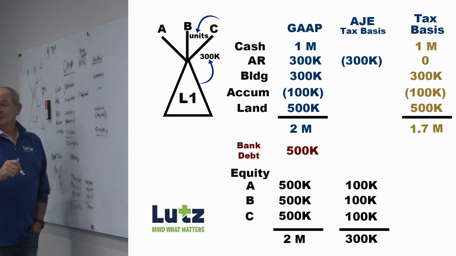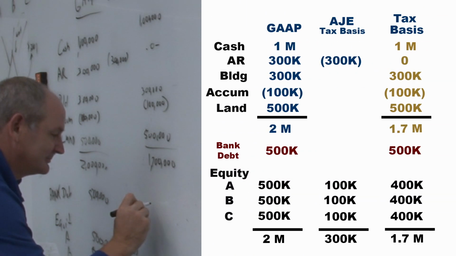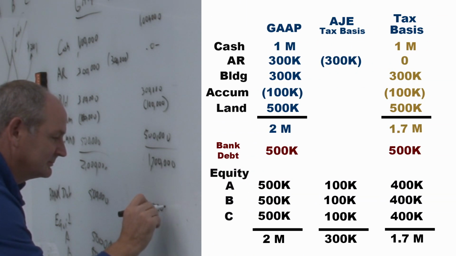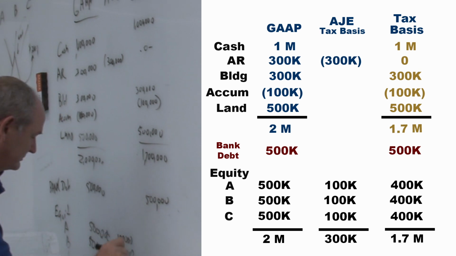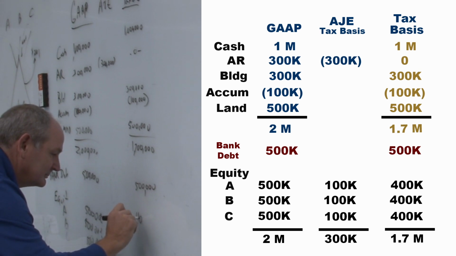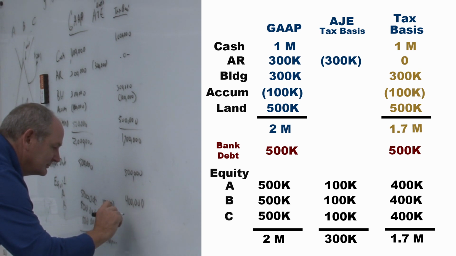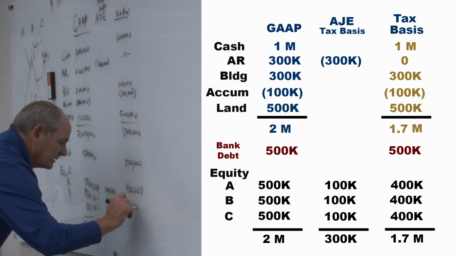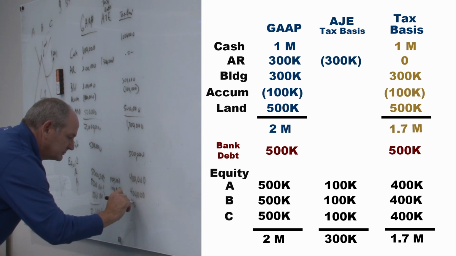How much is that, Matt? 1.9? No, 1.7. Okay, so then what do we do next?